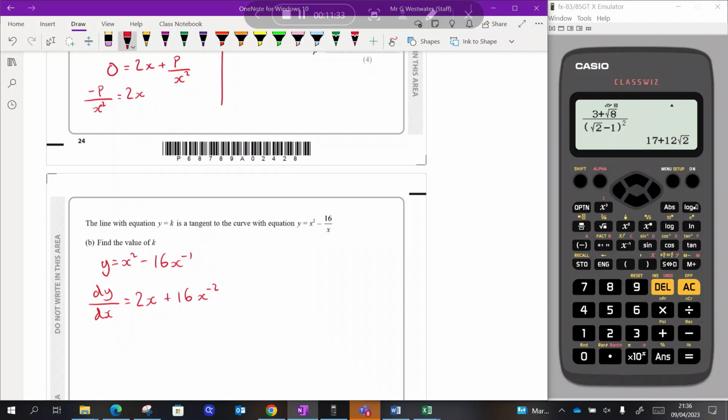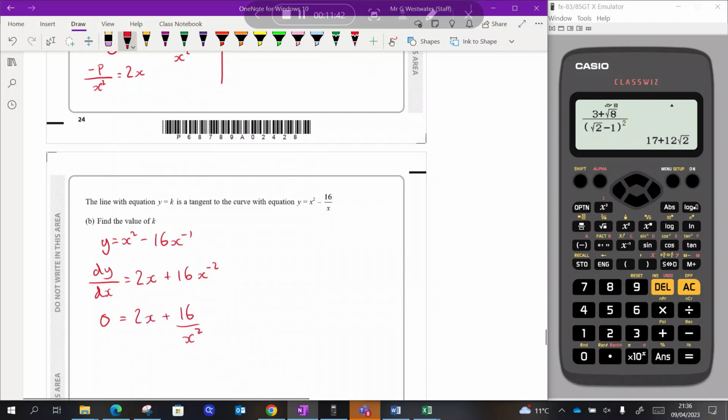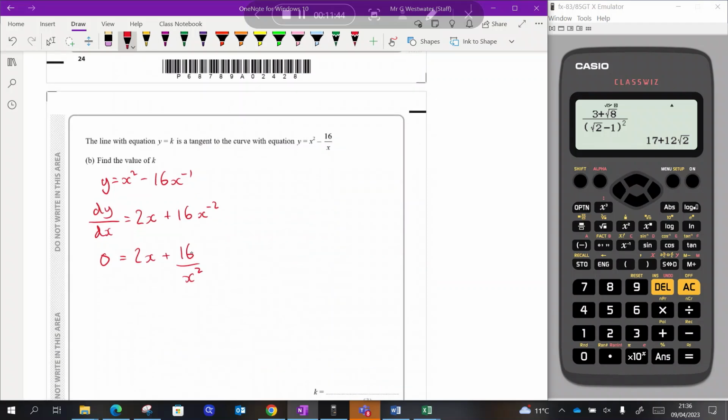So we're solving this equal to 0. So 0 equals 2x plus 16 over x squared. We can again add this to the other side, so minus 16 over x squared equals 2x. So minus 16 equals 2x cubed.